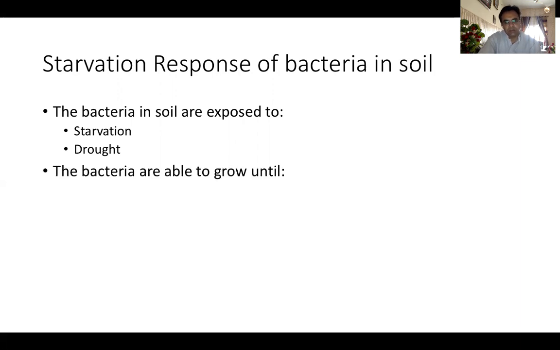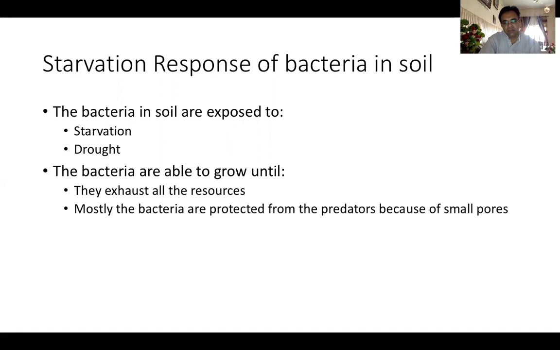So whenever a bacterium starts its growth in soil, it will grow until it is stopped either by some kind of predator or by resources. As soon as the resources are finished, their growth will stop, or they will encounter some kind of predator, and the predator will reduce their population size to a limit where they will continue to grow as normal.